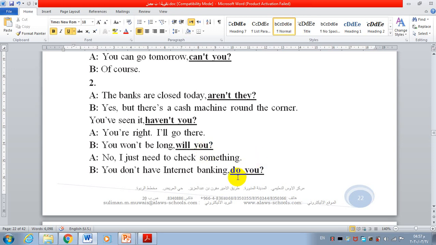And in the last sentence we use do you. Why? Because here the helping verb don't is negative, so we use the question tag do in the affirmative instead of don't, followed by the subject pronoun you, as you see, my dear students.